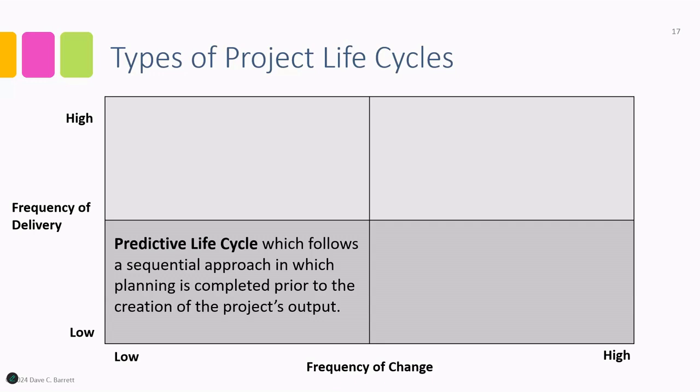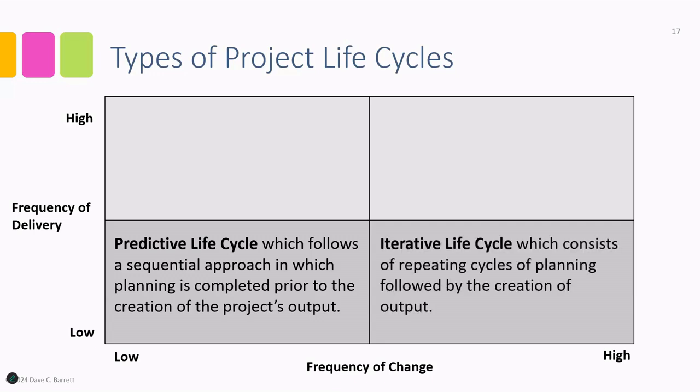Let's look at an example where we have what's known as an iterative life cycle, which consists of repeating cycles of planning followed by the creation of the output. Okay, so we have planning that is iterative and repeats over and over and over and eventually then creates the output.